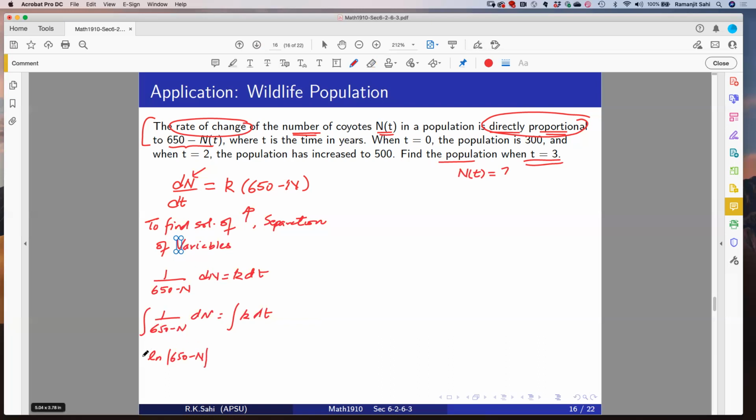Now remember, this one will have a negative in the front, because when I take the differential of this, I should get this. So negative natural log of 650 minus n equals kt plus a constant. Now I'm going to take the negative to the other side: natural log of 650 minus n equals negative kt, negative a constant.